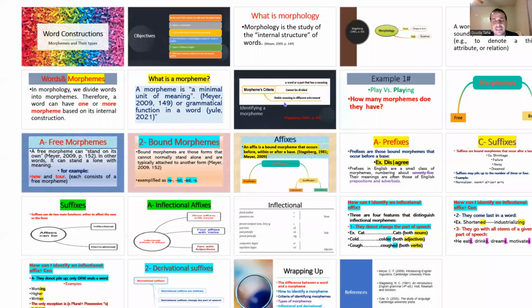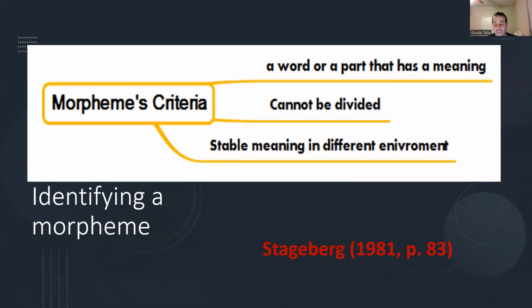If we need to know what a morpheme is, we need to know how we can identify a group of sounds as a morpheme and what conditions must be met. According to Stageberg 1981, we have three main conditions that, once they are met, we can say we have a morpheme. First, a morpheme is a word or a part of a word that has a meaning.